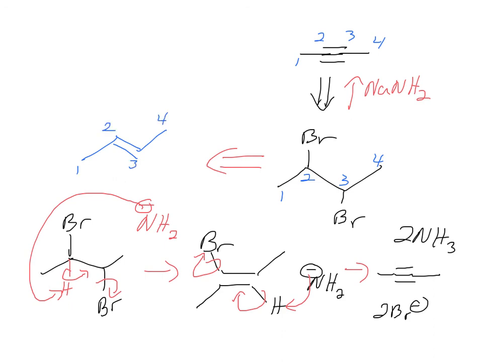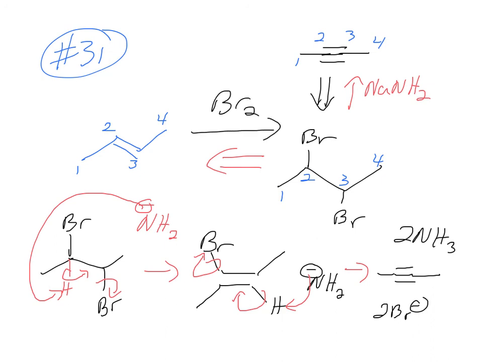And this is very similar to number 31 in your homework. It starts with an alkene, and it wants you to make an alkyne. This is how you do it. So the reagents needed going forward would be Br2, which would add 2 bromines. And then excess strong base would do a double elimination, as shown here, and give you an alkyne.